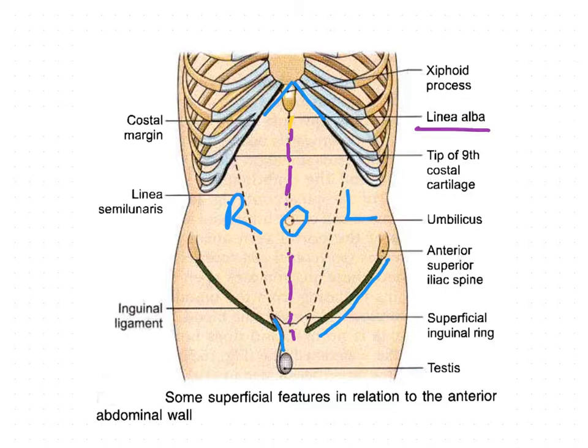Okay, it is called the linea alba. So the anterior abdominal wall is divided into right and left halves by a vertical groove called the linea alba.